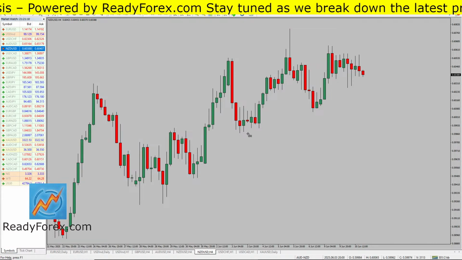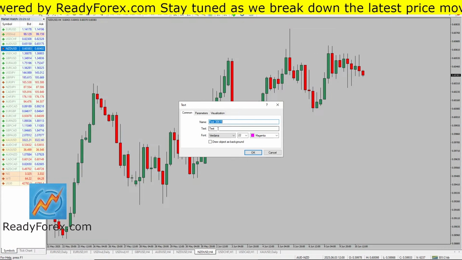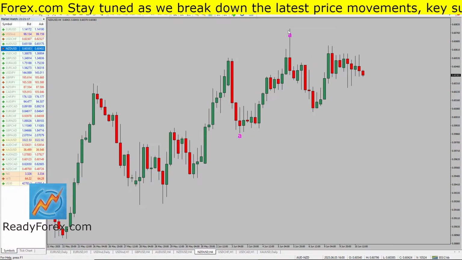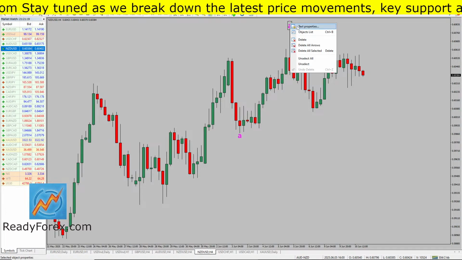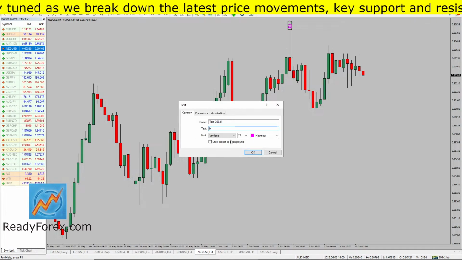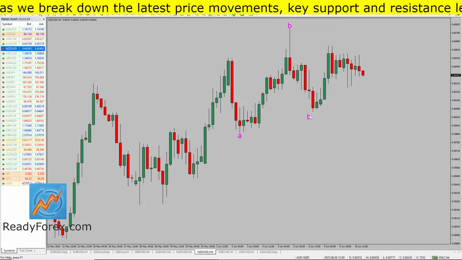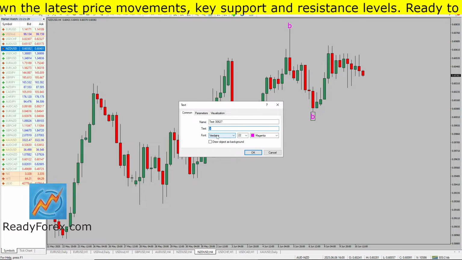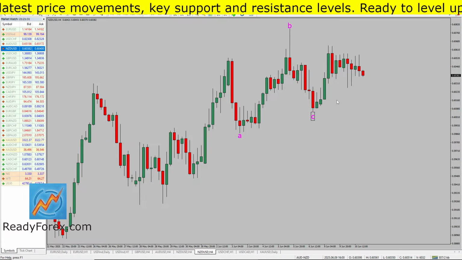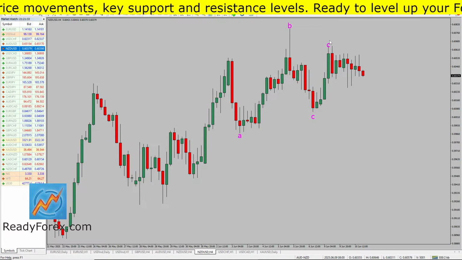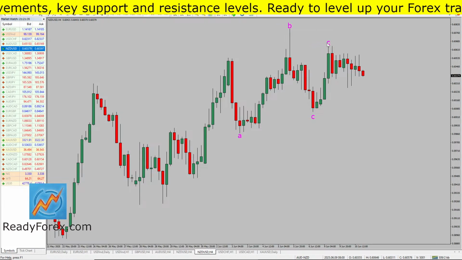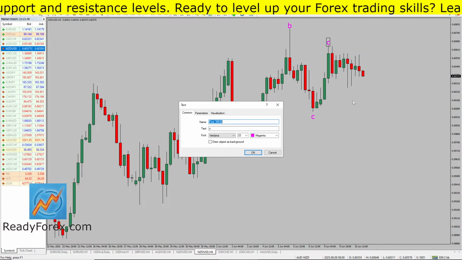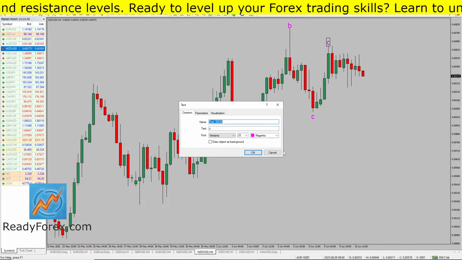So the second Elliott wave count is that this is wave A, okay, and we got this bullish leg, so this is wave B. After wave B, we got this wave C, and then we got wave D. Okay, let's go over here.